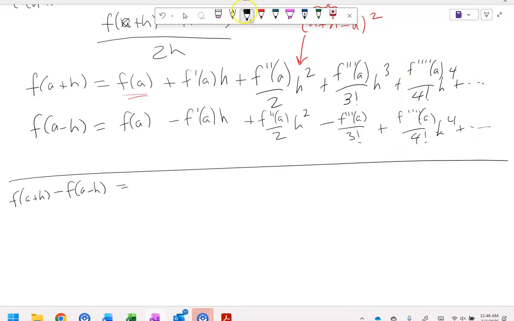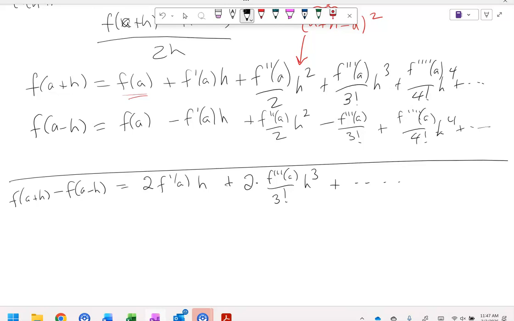So you would get 2 f prime of a h plus, there's a 2 here as well, h cubed, and so on down the line. The important thing is there's an h cubed in the next term, and everything above that is higher than an h cubed. So I didn't write anything else. That's the important term that I'm worried about.